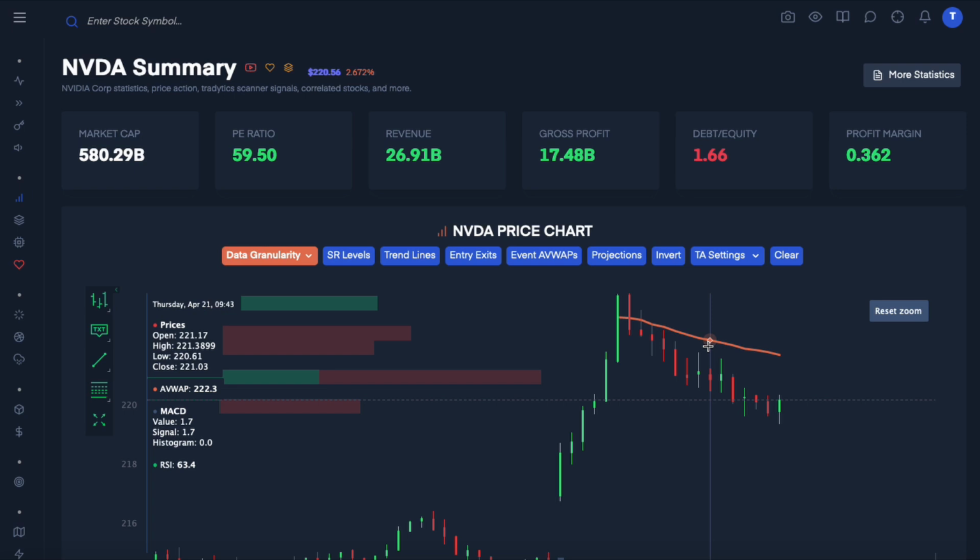Anytime we touch this level, shorts might come in and short this stock more, so you need to be careful of that. So we stay out until we actually break this level. This anchored VWAP from the top is now a level that we want to look for if we want to go into bullish plays. If this doesn't break, then we want to remain out.